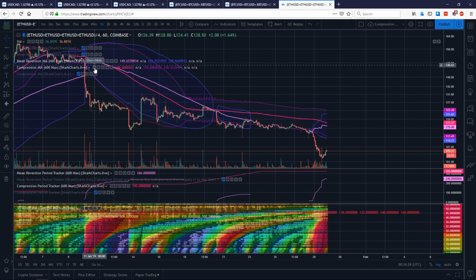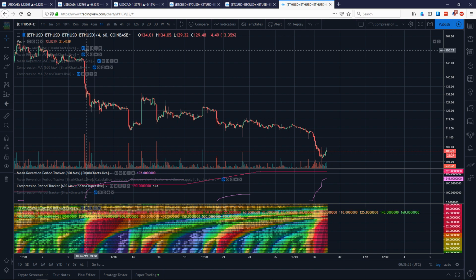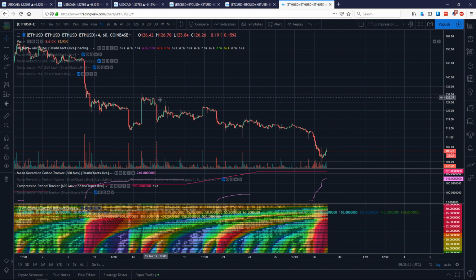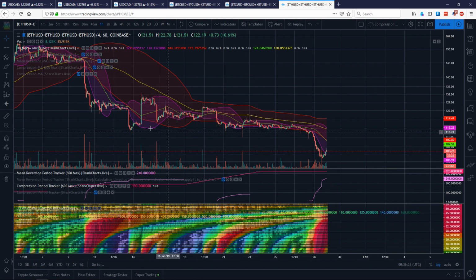If we turn these off for a second, let's look at what this looks like in our regular BBML mix, default 50 and 200 period band weighting. You can really clearly see that this whole time as we were compressing this typical set of period lengths, we were weighting down, and eventually when we did expand, the high probability thing was that we would expand to the downside, and that happened.